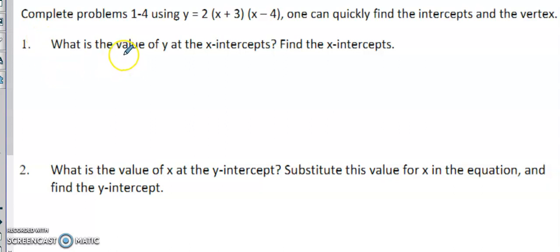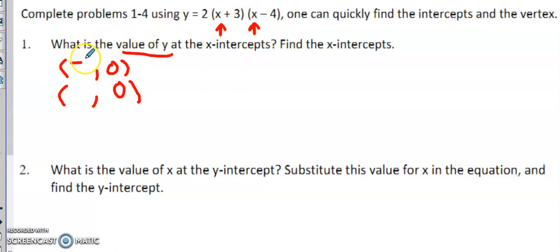Alright, so for the value of y, for the x-intercepts, this is where the graph is always crossing the x-axis. And so when the graph is crossing the x-axis, this is where y has a value of 0. So that's the answer to the first question. X-intercepts is the value of x that creates 0 with these factors.